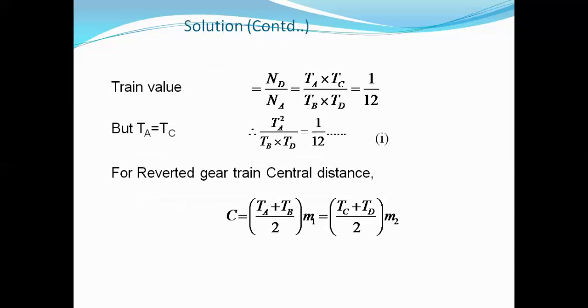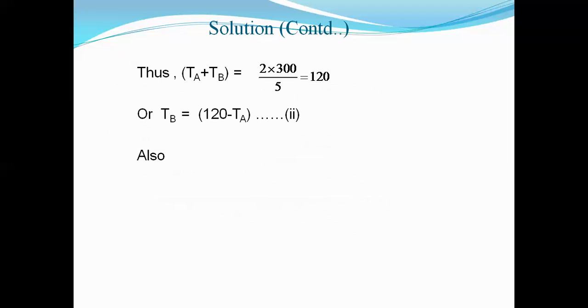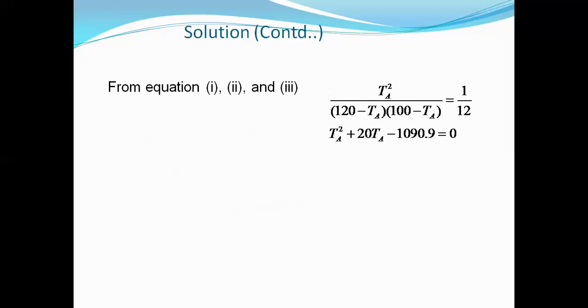So from equations 1 and 2 and 3, equation 1: TA square by TB into TD is equal to 1/12. So TB is 120 minus TA, TD is 100 minus TA. Substitute: TA square divided by (120 minus TA) into (100 minus TA) is equal to 1/12.